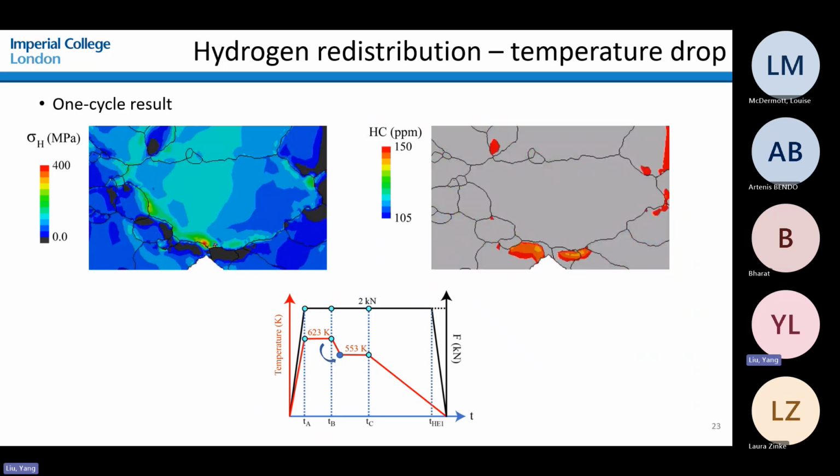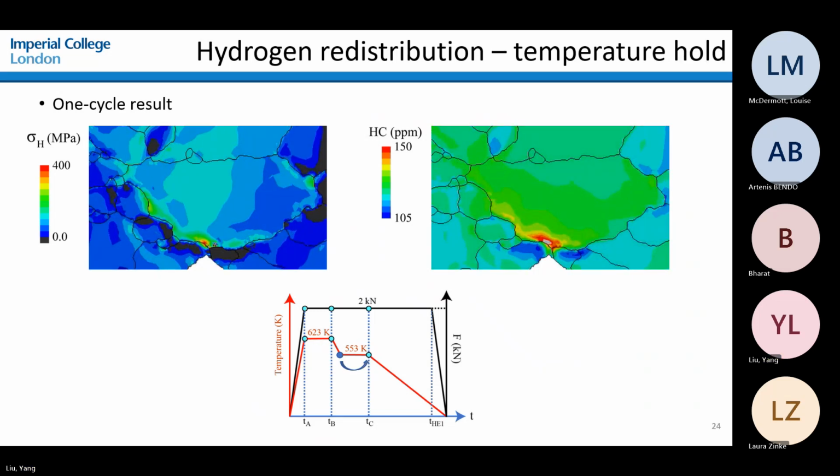Now we know that hydrogen concentration could be influenced by the microstructure that we are simulating. During the temperature hold and the stress holding period, the hydrogen would change as well, but this is relatively small compared to the temperature change, because the temperature changes the hydrogen concentration in the material significantly.